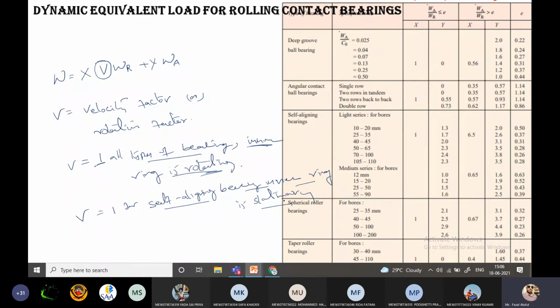At this time we can select V equal to 1.2.